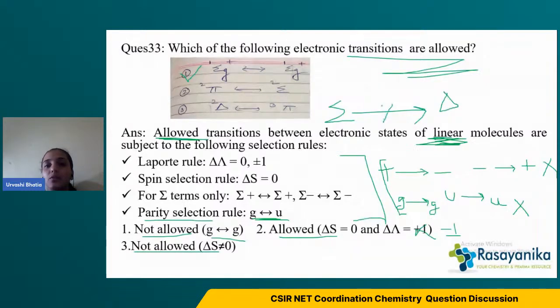Because this is 0, the orbital angular momentum 0, and this is 2, right? So 2 minus 0 will be 2. Yeah. So that doesn't follow the Laporte rule. Okay. Now, yeah, so it is done with this question as well.